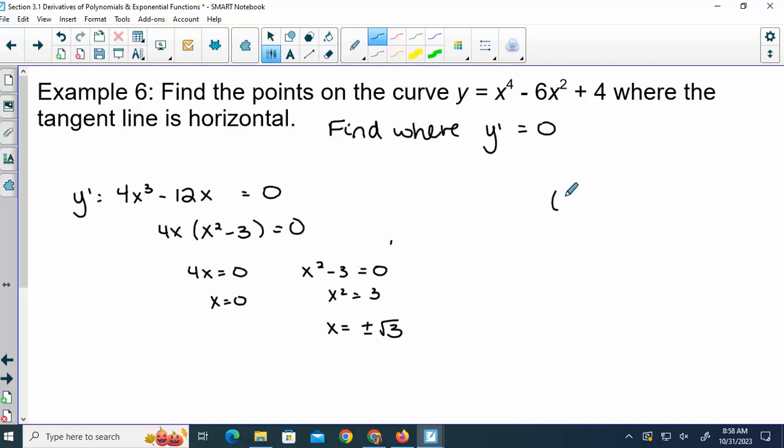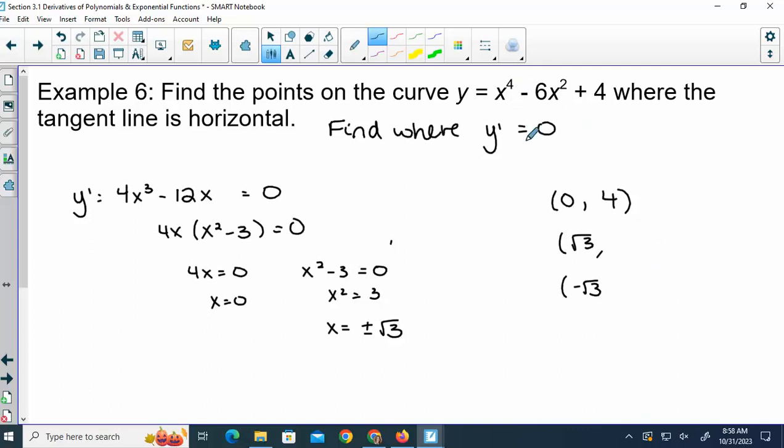So I know my x's. Let's see if we can work it out. If you put a 0 into this equation, what do you get out? 4. So they would be from the original. So we plug in radical 3.